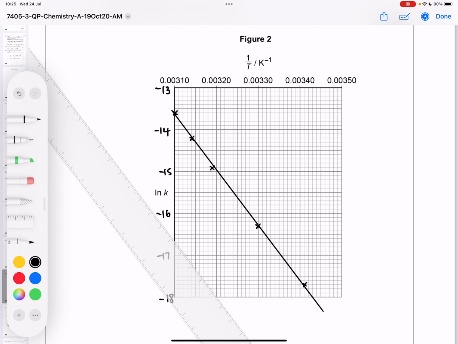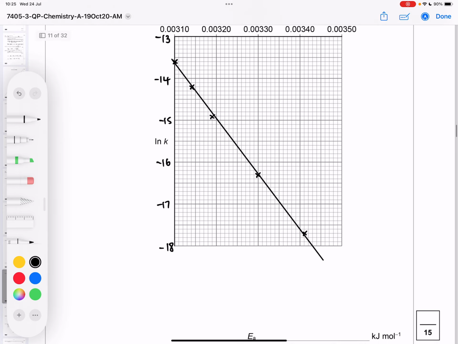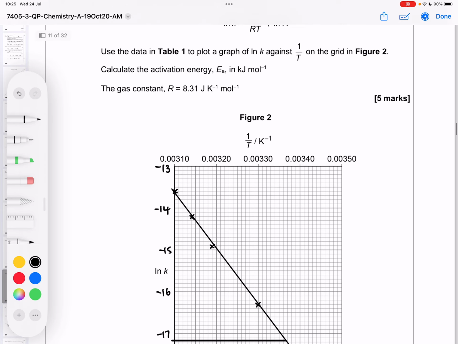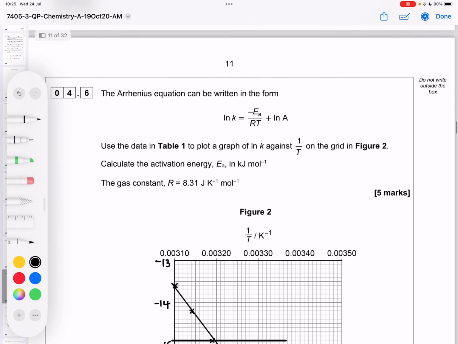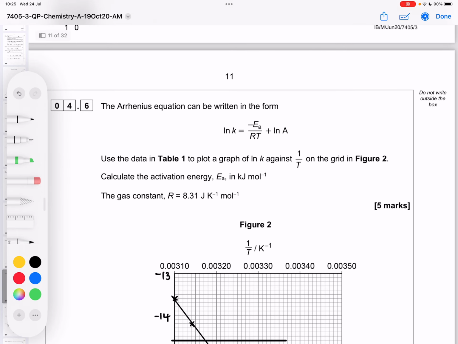Feel that that is nicely done now. And we've got to use this graph to find the activation energy. So to find the activation energy, we've got to remember that the gradient is this part of our expression. So the gradient equals minus EA over R.